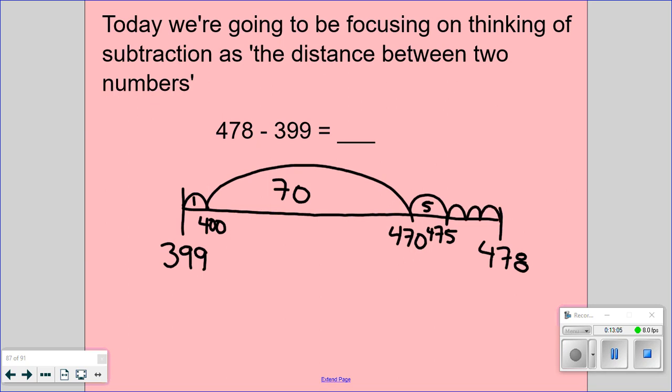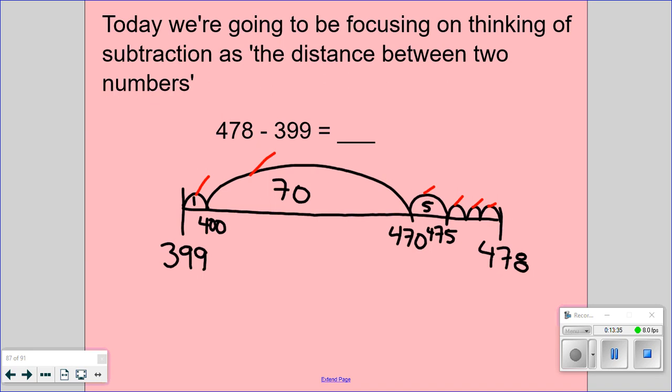Which should take us all the way to our end number. Now, when we are thinking about this being the distance between two numbers, we need to think about how many jumps we did. Let's count them. We had a jump of 1, plus 1 big jump of 70.